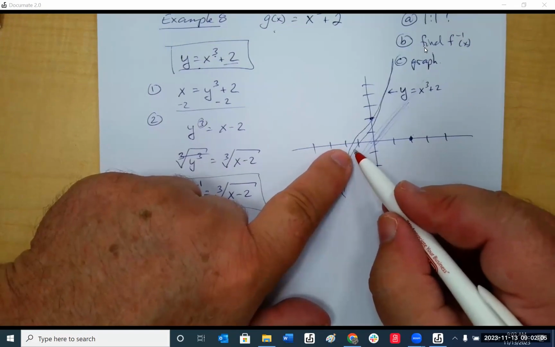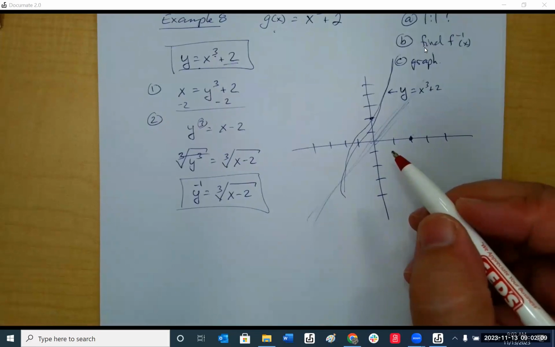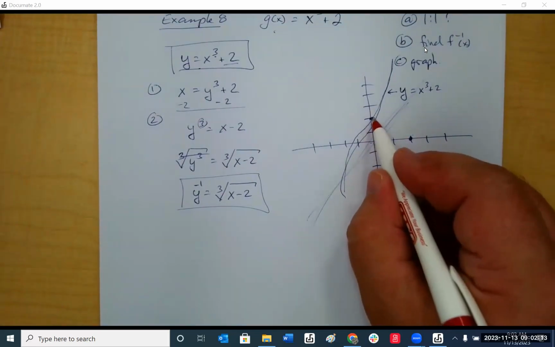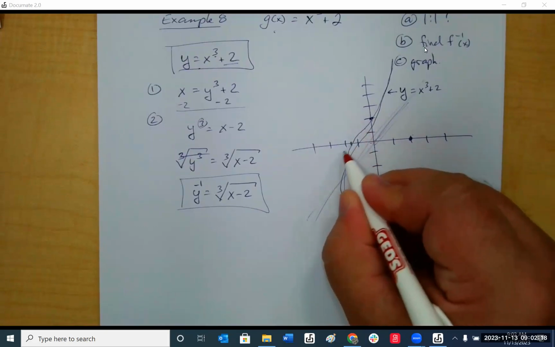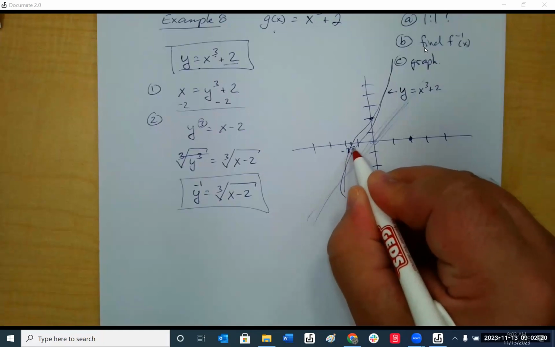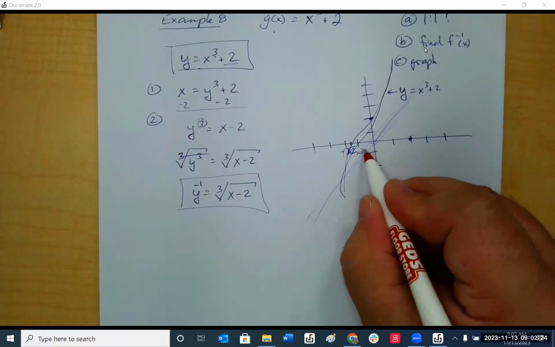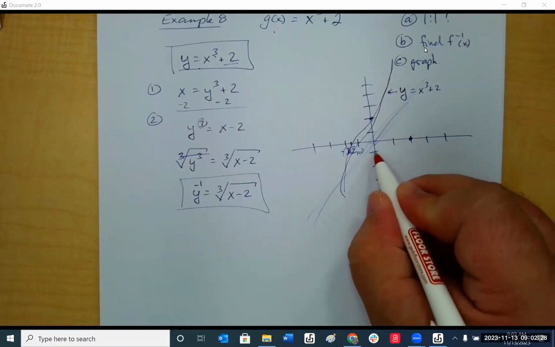When x is 0, y is 2. When y is 0, it's a cube root of -2. So it's 0, negative cube root of -2.